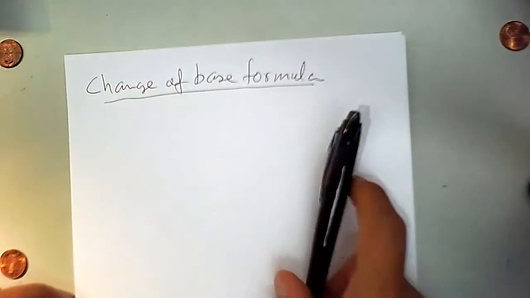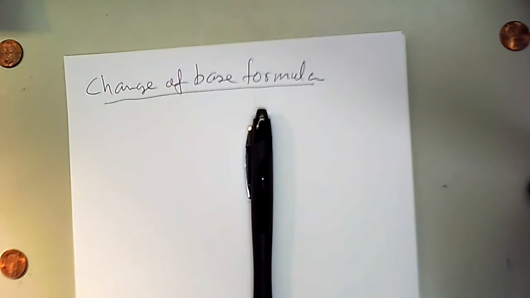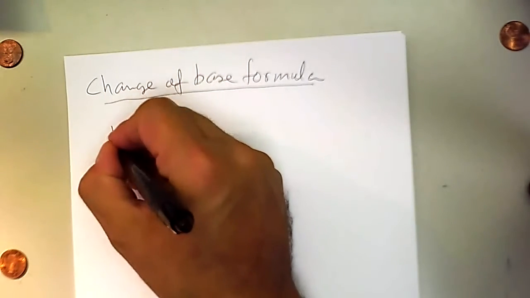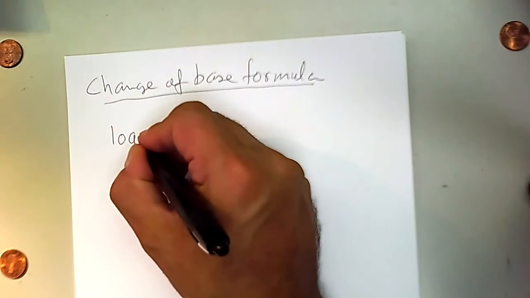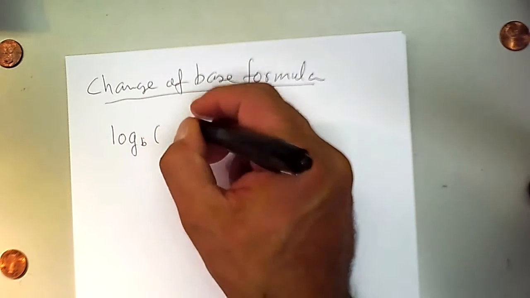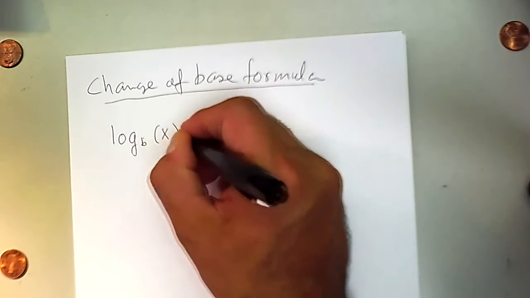And it turns out that we can change any base into another base. There's a catch to it, though. So let's say you have a logarithm in any base B of x.